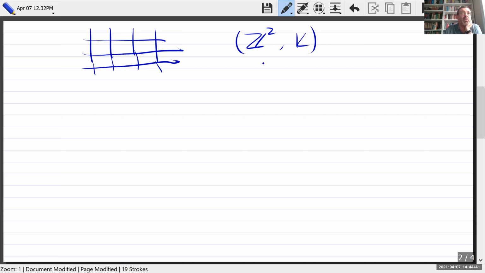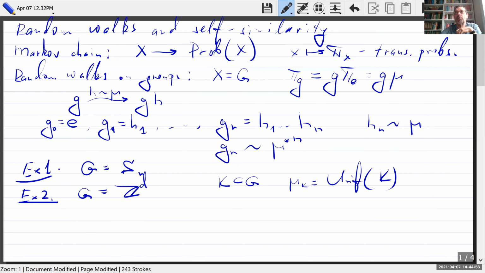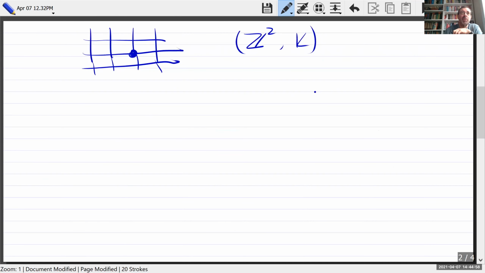Okay, and then what happens? In this situation, our random walk has various interpretations, namely, since I'm talking about the measure which is uniformly distributed on generators, in terms of the Cayley graph, it means that at any point of the group, I'm just choosing one of its neighbors in the Cayley graph, and I choose one of these neighbors with equal probability.